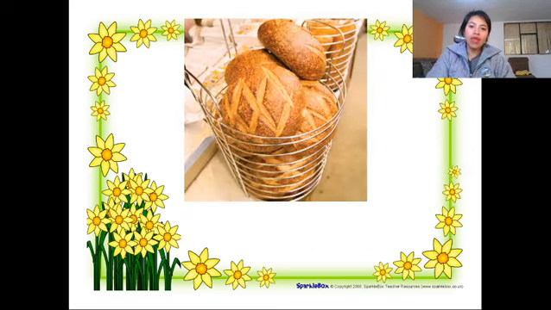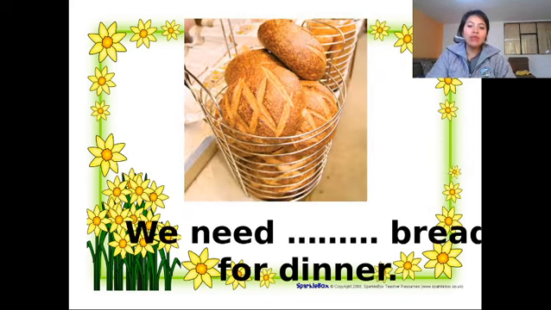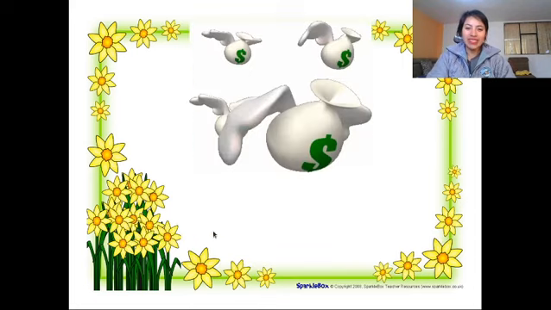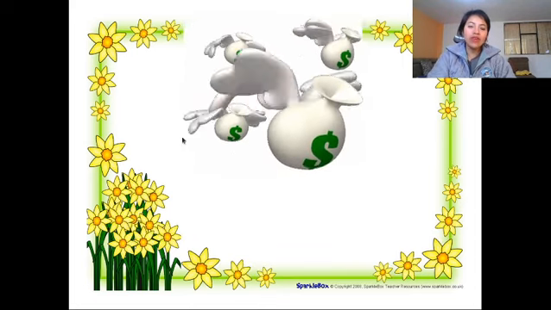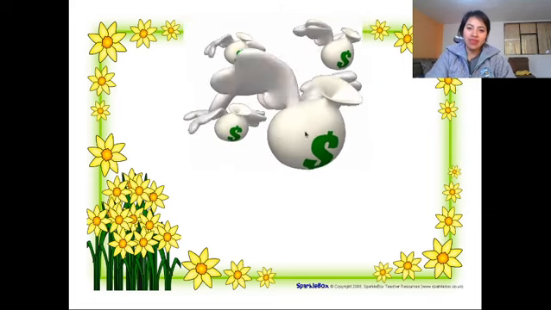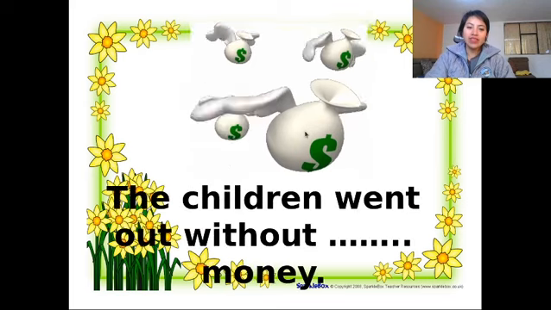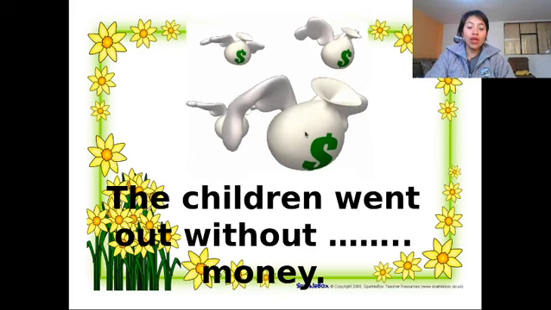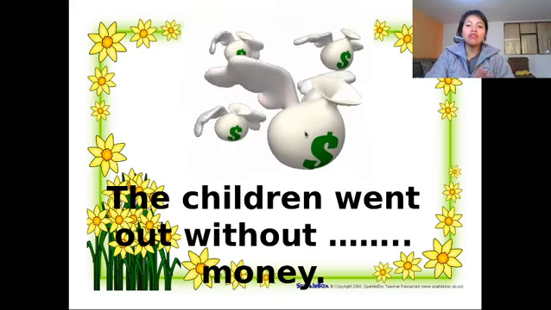Here we have bread, right? We need bread for dinner. We need for dinner what? Some bread. Very good. Excellent. Now can you notice here we have some bags of money flying, right? Okay. The children went out without. Los niños salieron sin.